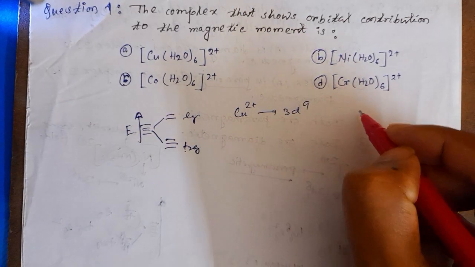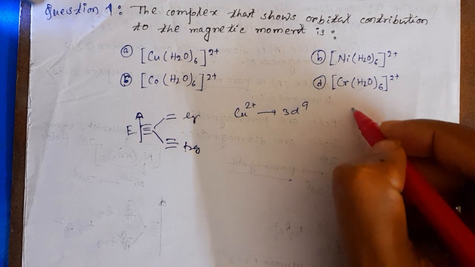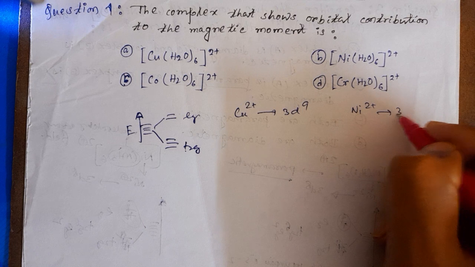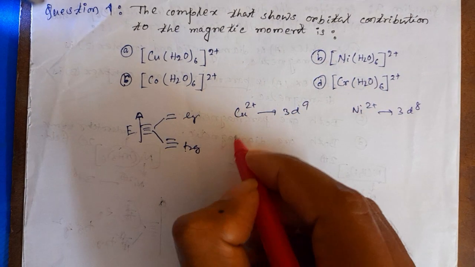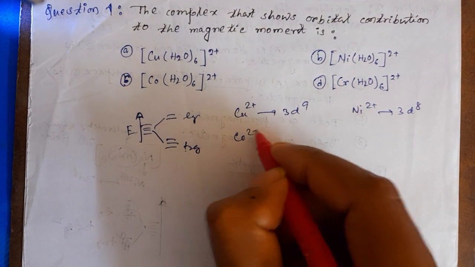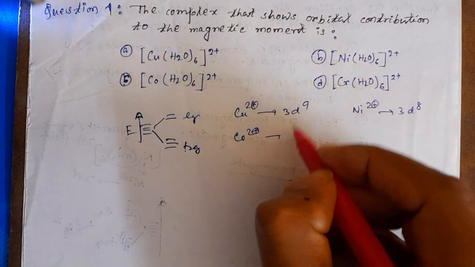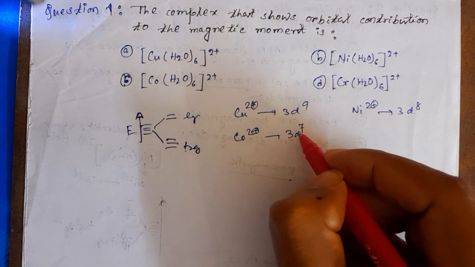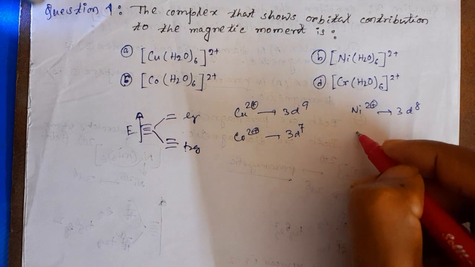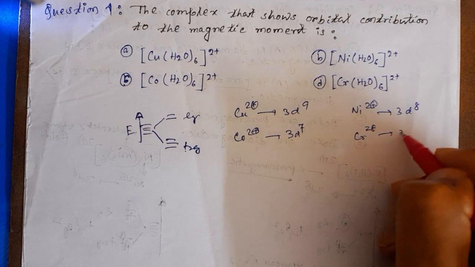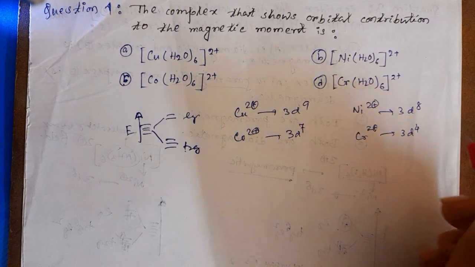The second complex, nickel, also has oxidation state +2 and it is a 3d8 electronic system. Cobalt 2+, the third complex, again is a 3d7 electronic system. The last complex, chromium 2+, is a 3d4 electronic system.